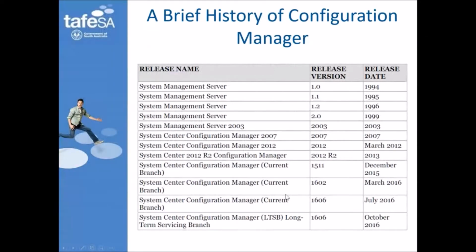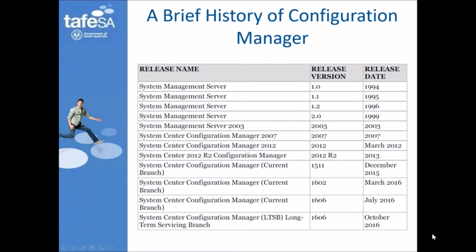So, a brief history of Configuration Manager. I'm not going to walk you through every version, but basically there used to be SMS. We used to call it SMS, System Management Server, and that started way back in 1994. Then we switched over to the idea of System Center Configuration Manager as of 2007.